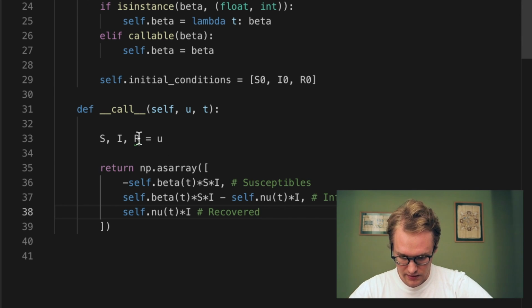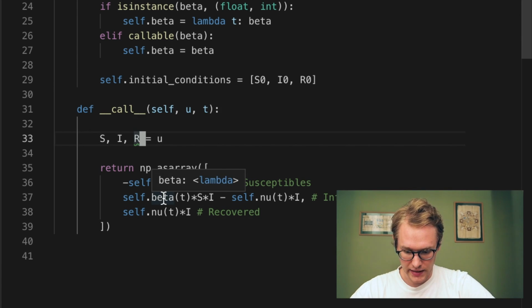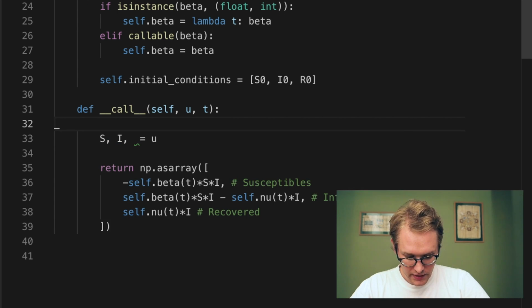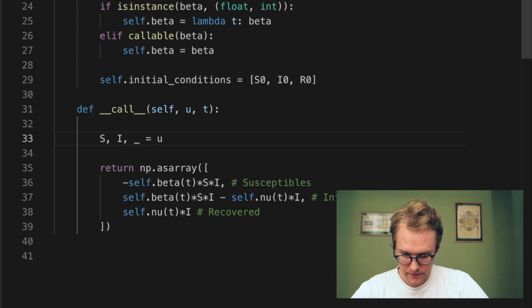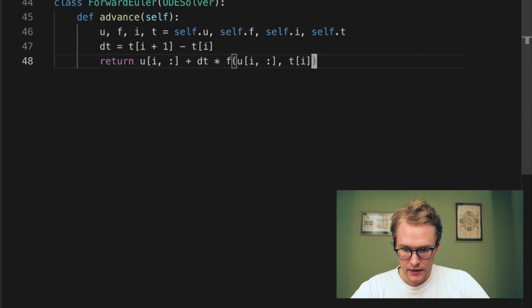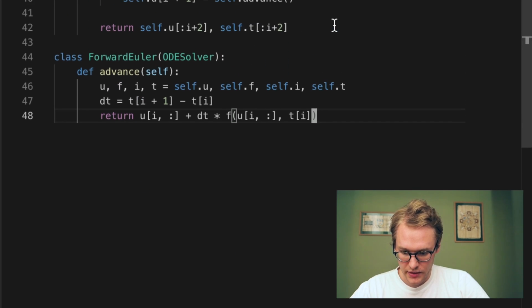And as you can see now, I get these little green wiggly lines because we aren't really using the R value. So the Python way to deal with that is to just write an underscore instead. And now it's not complaining anymore. Okay, so now you probably get this.